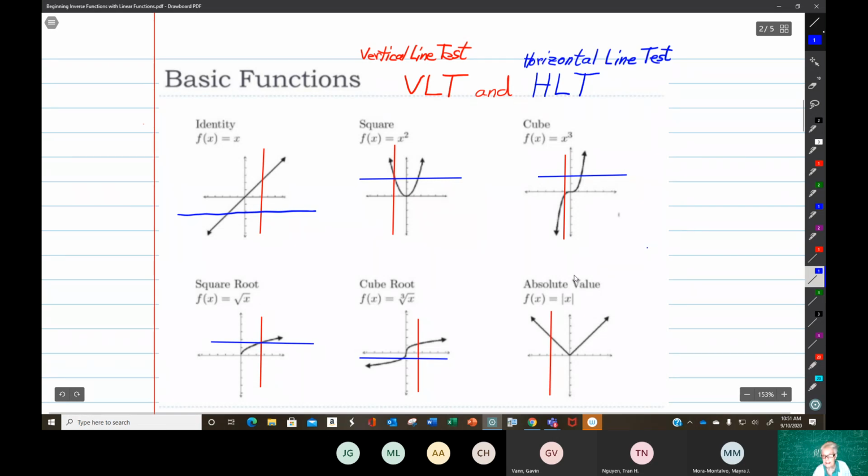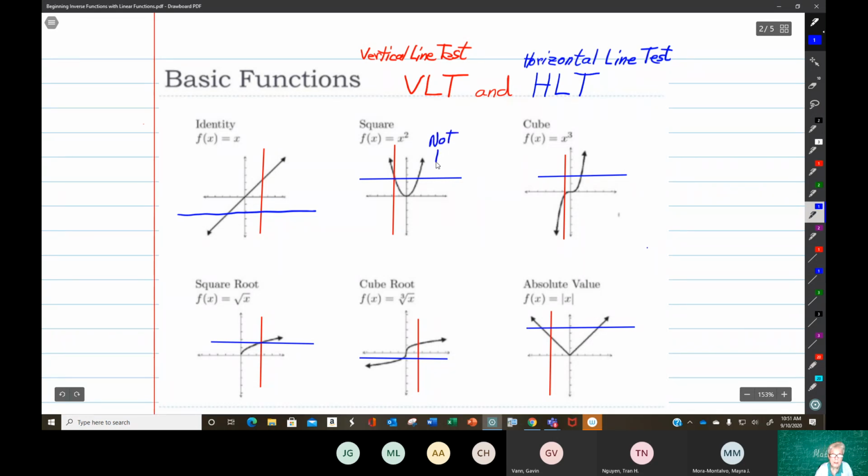And while this, the absolute value of x, does pass the vertical line test, it totally flunks the horizontal line test. So this function is not one-to-one.